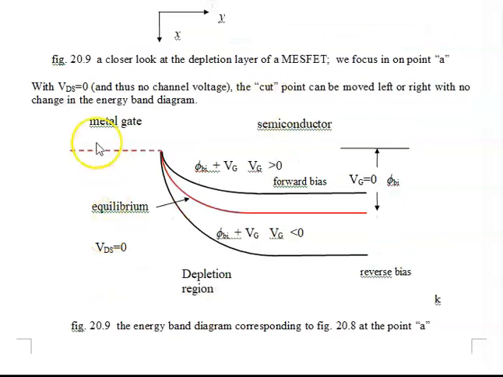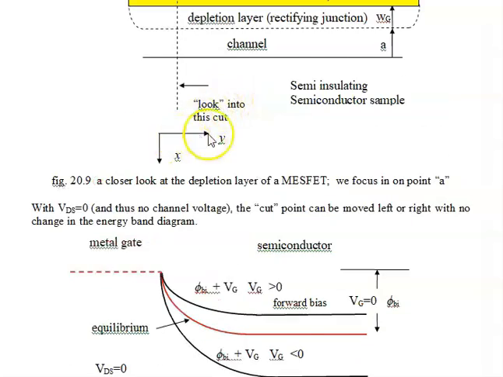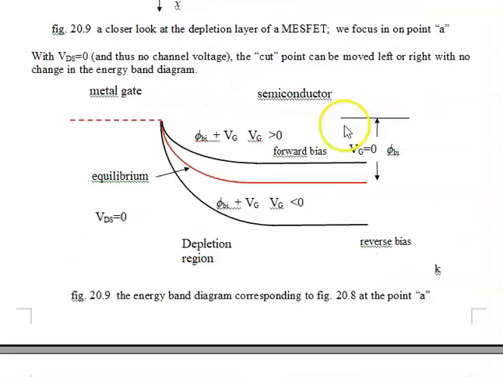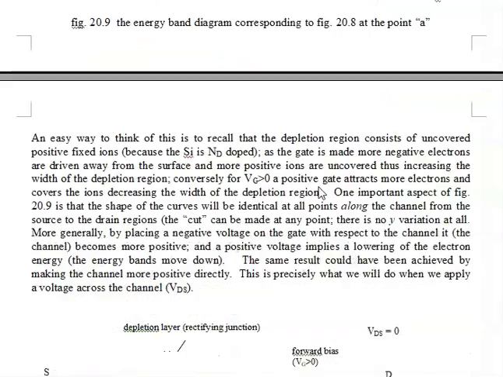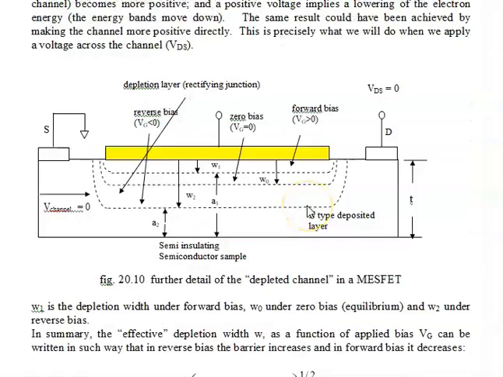Okay, so just to summarize, it doesn't matter at what point Y we take the cut, these curves will be exactly the same. Now let's take a look at one more picture, and here we have it. It's kind of a crowded picture here, but no source to drain voltage.